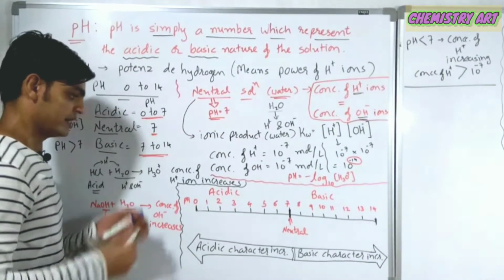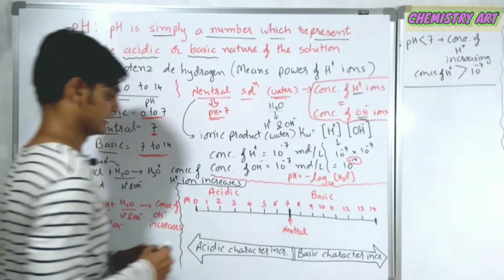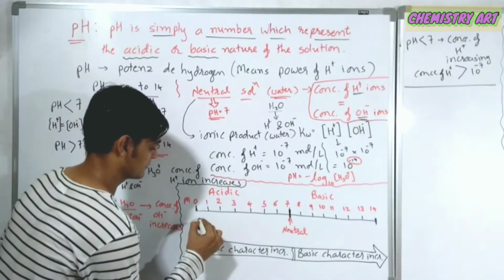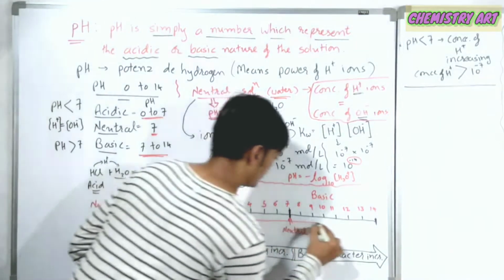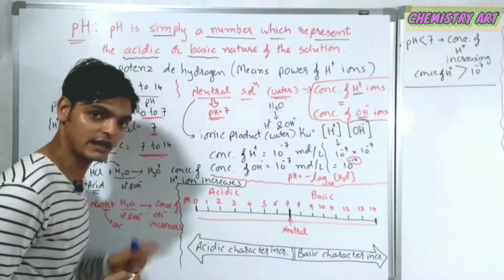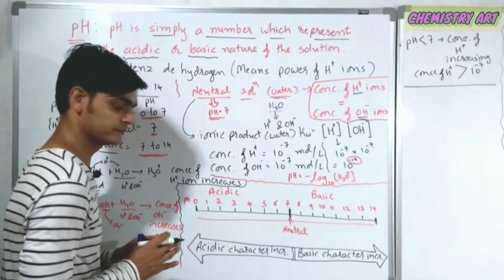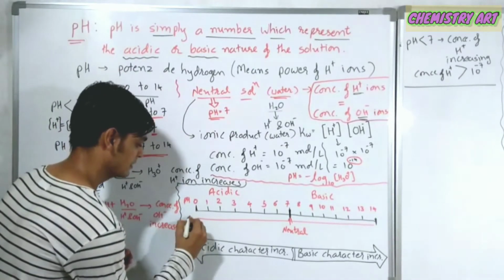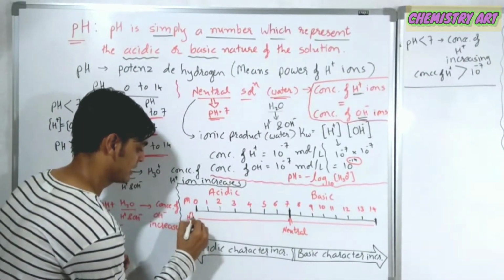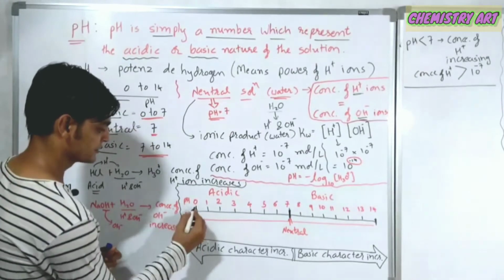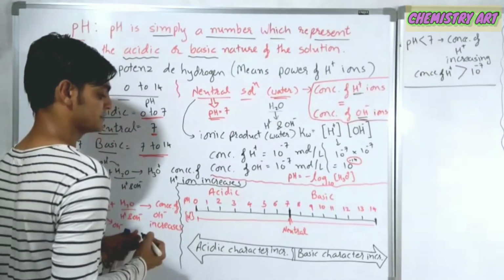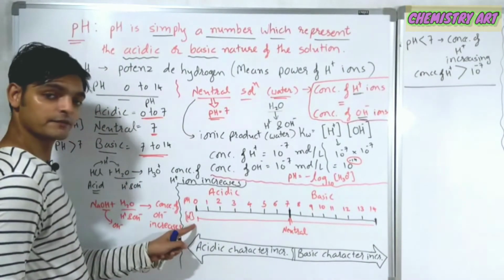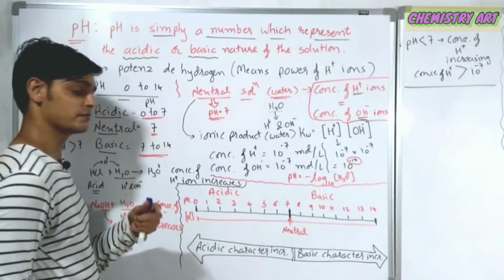Suppose this is the line of concentration of H plus. Here, more acidic means the concentration should be more.